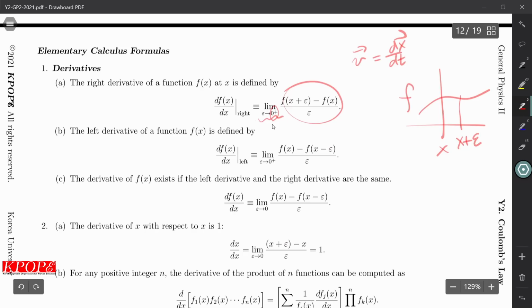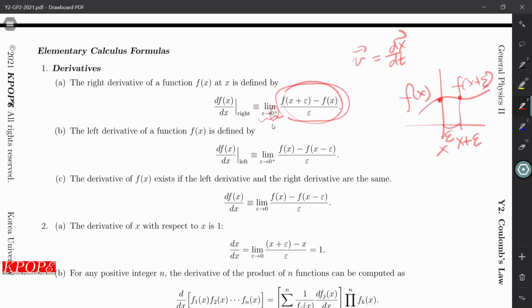It is on the right side. At this point, this is f of x. So the difference is f of x plus epsilon minus f of x, divided by this small positive number. And we take the limit as epsilon goes to 0.